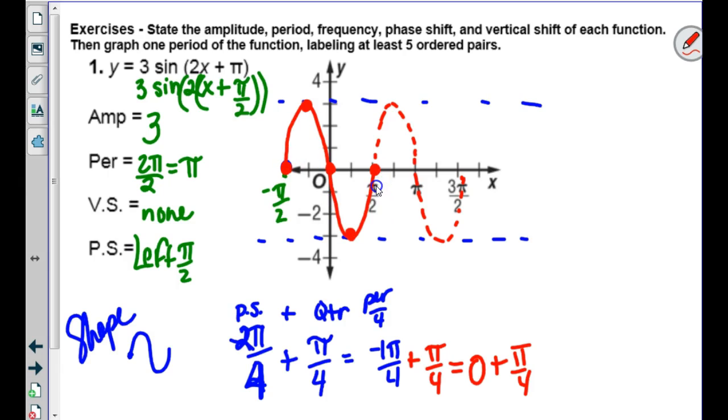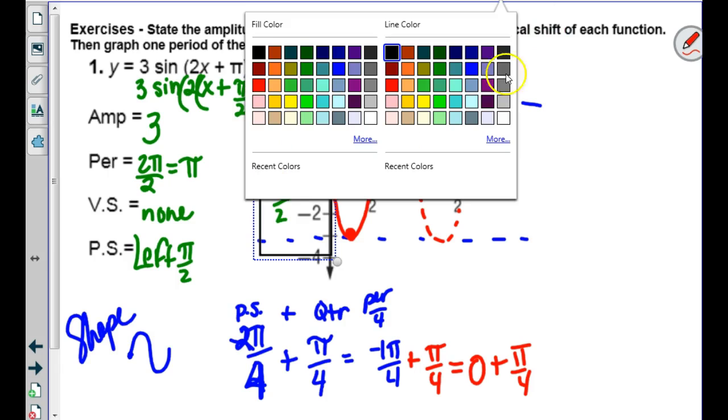In the end, it would have been easier to just do maybe a negative sine, then we wouldn't have needed the phase shift. If I cover this half up, it's going to do it hollow first. I'm just trying to lead into what we're doing today, guys.